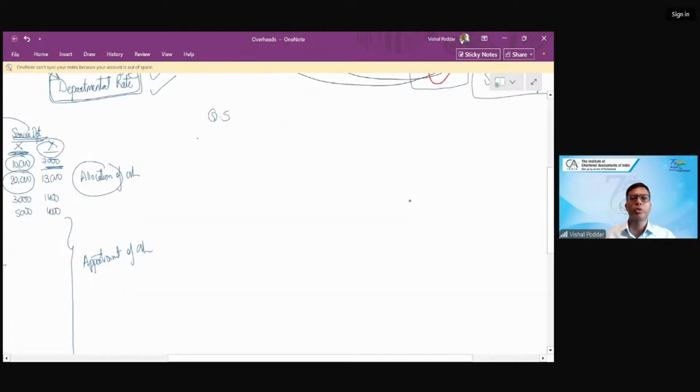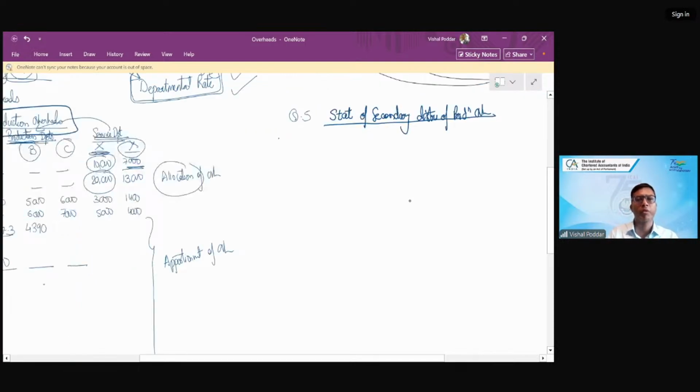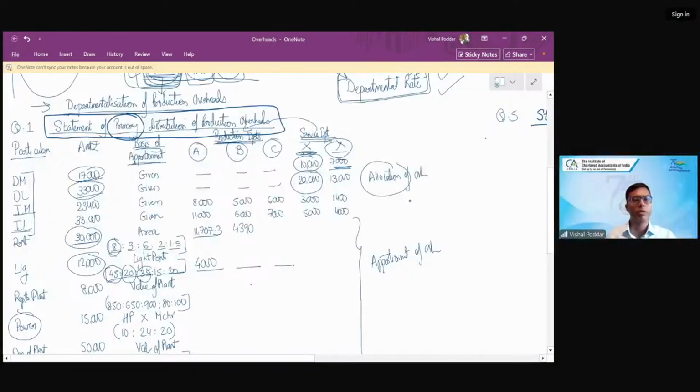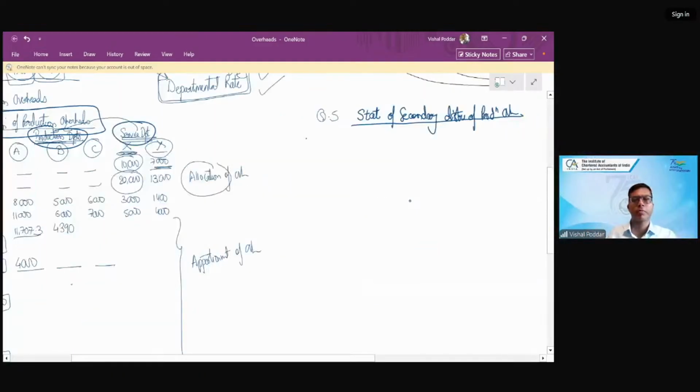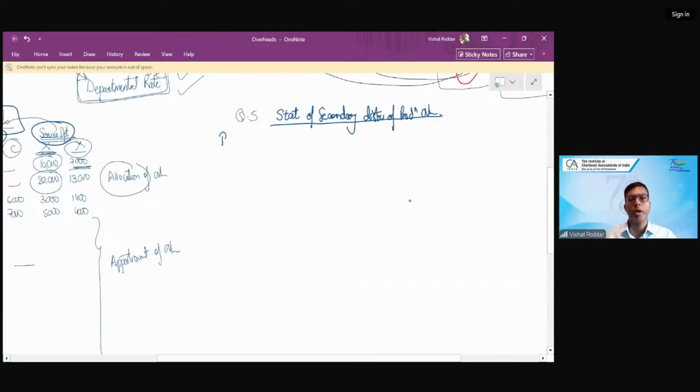Now, since this question is requiring you to do secondary only, we'll say statement of secondary distribution of production overheads. So everything is the same. In fact, the format is also the same. Particulars, amount, ratio, production departments, service departments. Because as I said, everything is the same because these are not two separate workings.